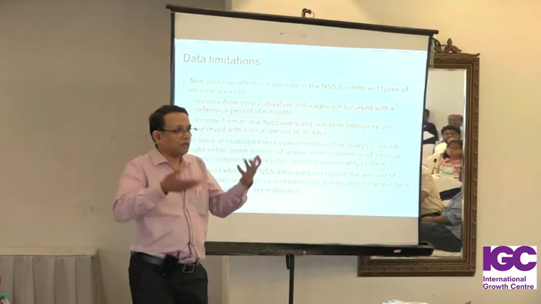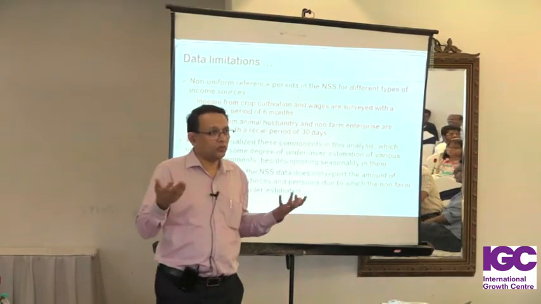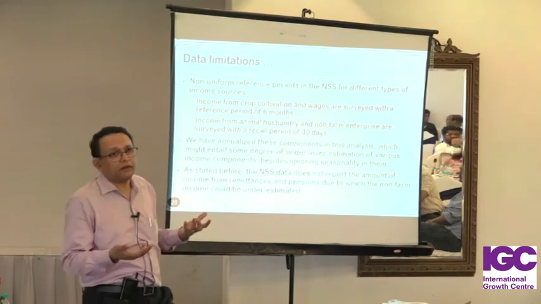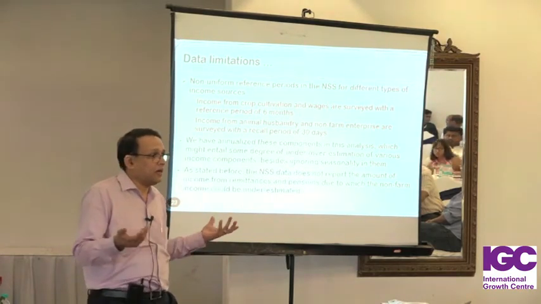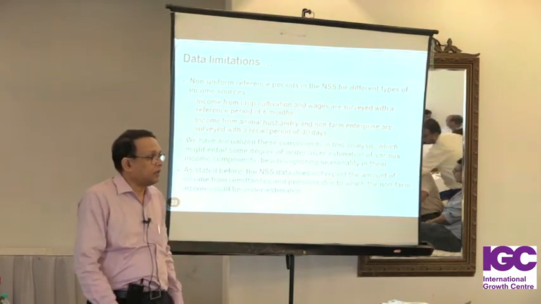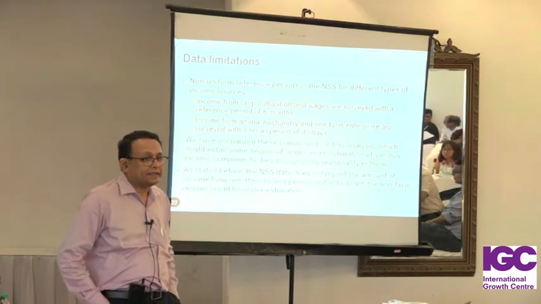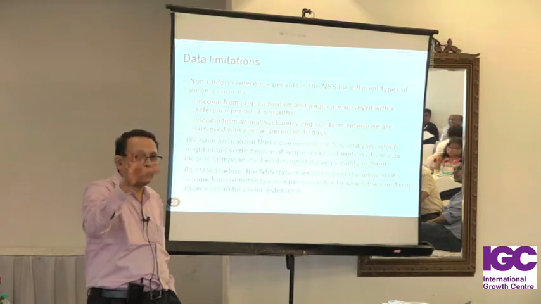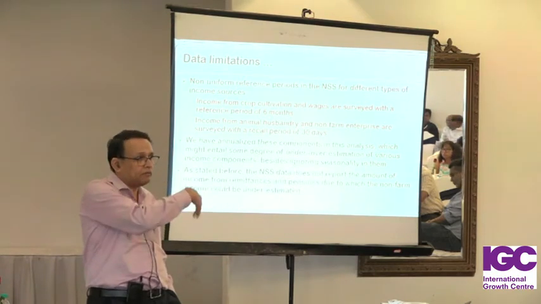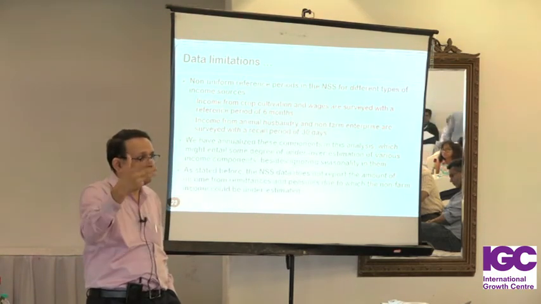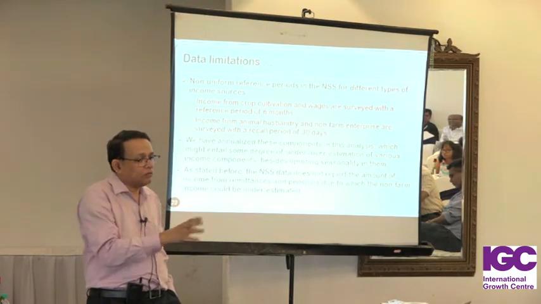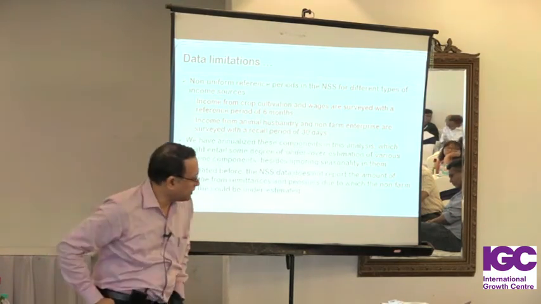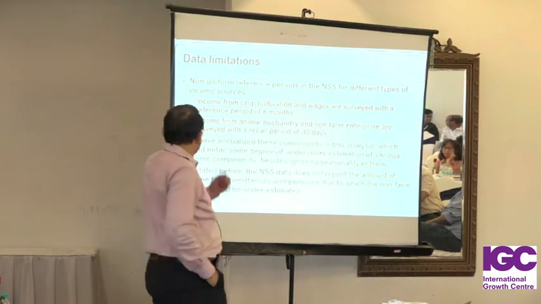So it's a non-uniform reference period, so you have to do some annualization of these things. For the non-farm, since we are working with the 2 seasons separately, we inflate it for the respective season by multiplying by 6. So that's one weakness again coming from it.